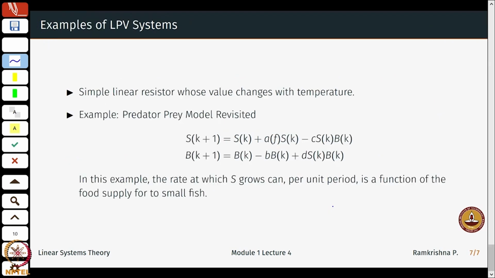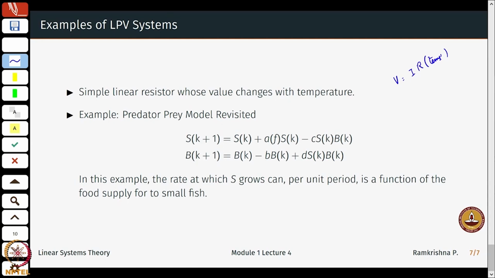A simple example would be, in most operating regions V would be a linear relation with R, and R would be fairly constant. But if R is different depending on temperature, then that is a parameter varying resistance. It is actually depending on the temperature.